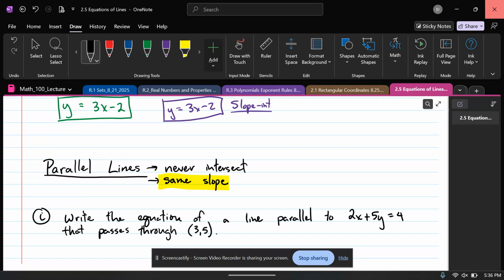Let's do all three forms, just to get the practice. More practice, more better, right?